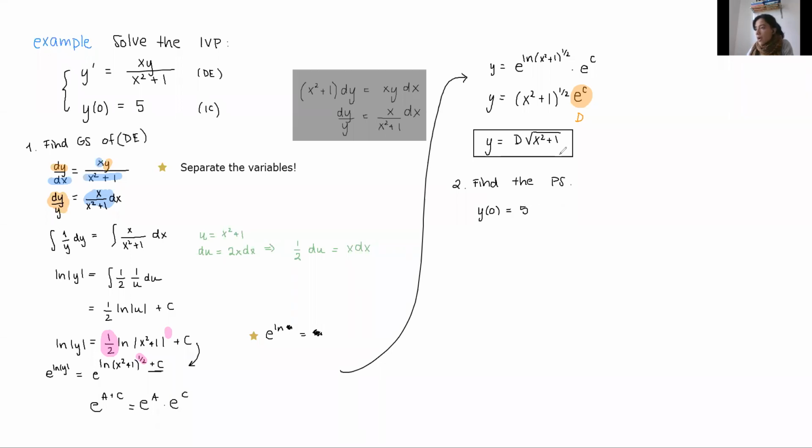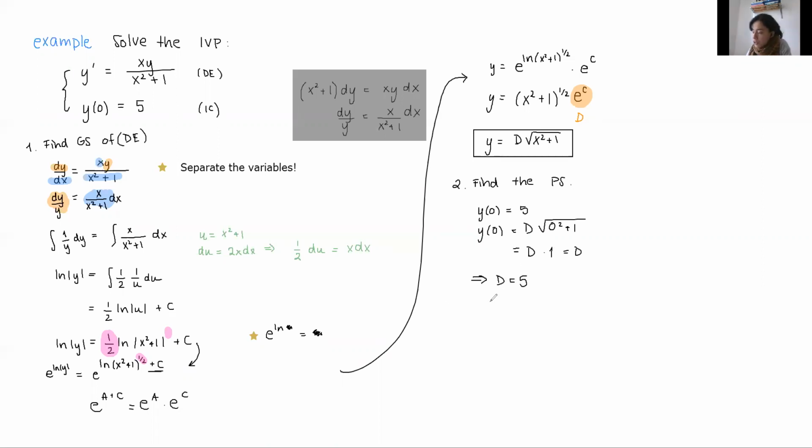But I also know that y has to be of this form. So y of 0 is equal to d times square root of 0 squared plus 1, which is d times square root of 1, which is just 1. So y of 0 is equal to 5, and y of 0 is also equal to d. So that means that d has to be equal to 5, right?